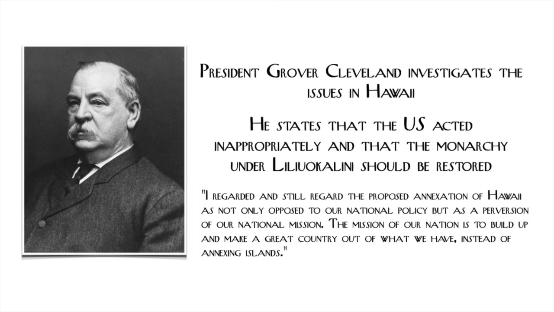He said later, "I regarded and still regard the proposed annexation of Hawaii as not only opposed to our national policy, but as a perversion of our national mission. The mission of our nation is to build up and make a great country out of what we have instead of annexing islands." So Cleveland makes his stance clear and orders that the monarchy be restored.